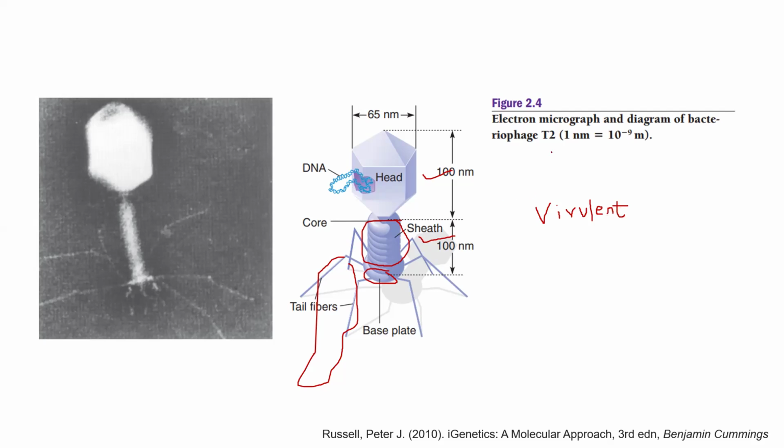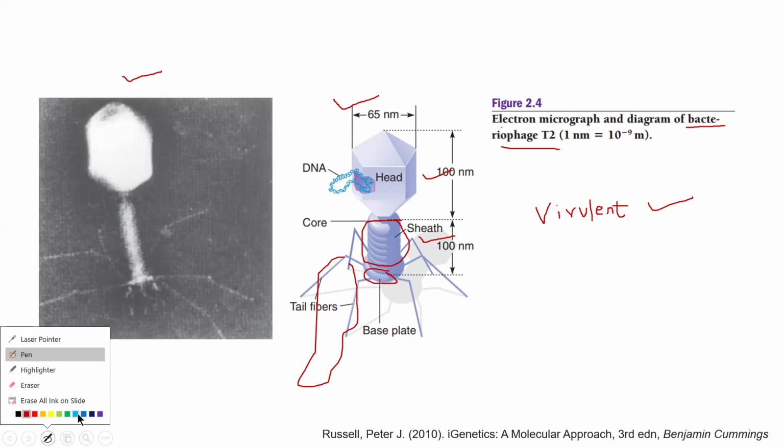The picture that you can see represented here is the T2 bacteriophage belonging to the T bacteriophages, and it's a virulent phage which follows the lytic cycle. Left is an electron micrograph, or the actual picture, of this T2 bacteriophage, and this is a diagrammatic representation of this T2 bacteriophage, which is a virulent phage and follows a lytic cycle.